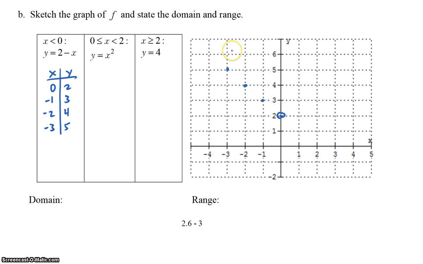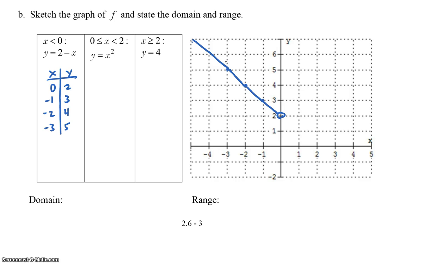And you can see that the graph is just going to be a straight line extending up like so. So that's the first part of the graph.